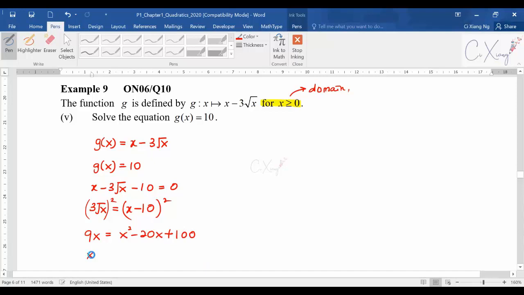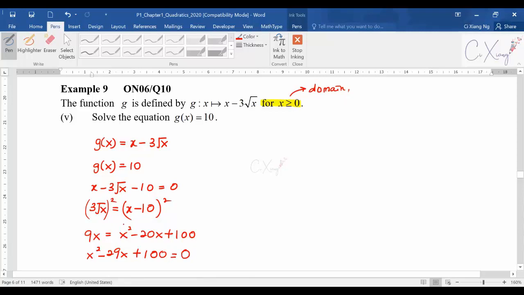If you continue further, you should have x squared minus 29x plus 100 equals 0.